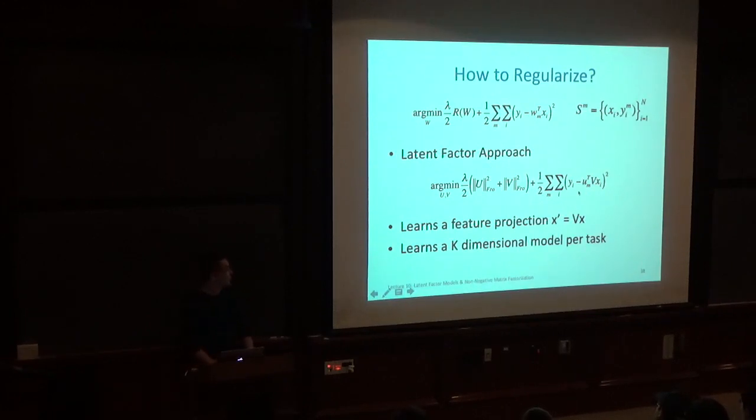If U and V are rank k, so they are k-dimensional matrices, then Vx projects down to an x prime, which is k-dimensional rather than d-dimensional. And we learn a k-dimensional model per task rather than a d-dimensional model per task.